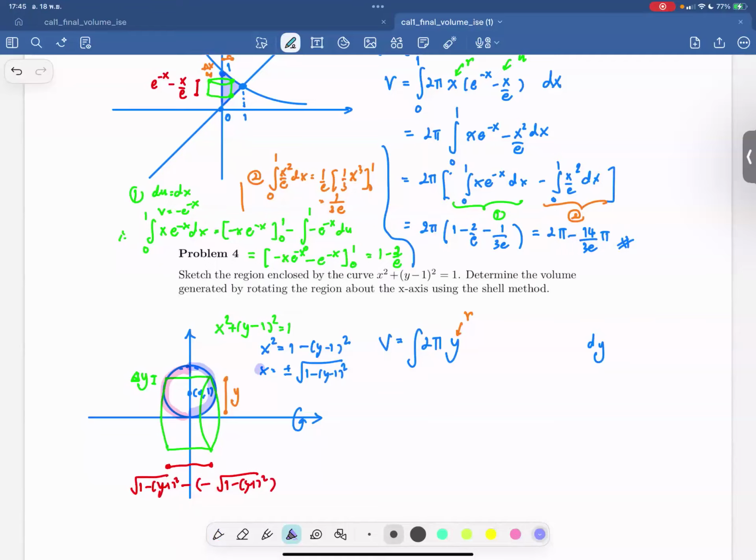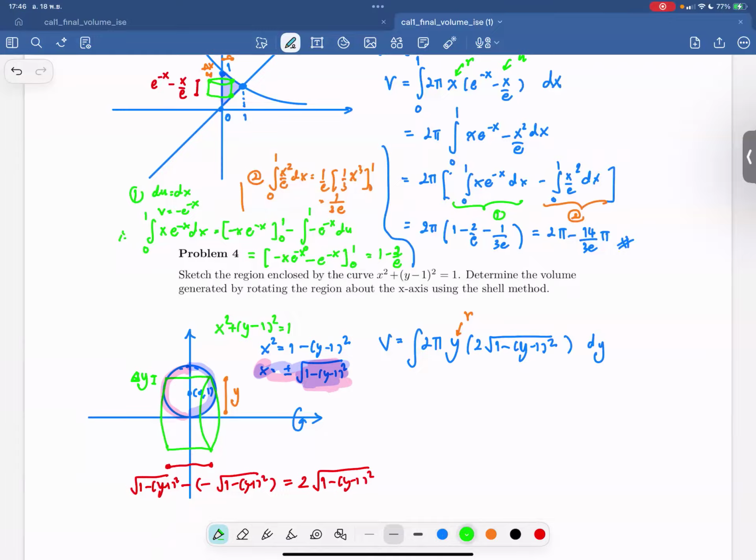The left hand side is x with the minus sign, and the right hand side is x with the plus sign. So totally, the height equals 2 times the square root of 1 minus (y minus 1) squared.